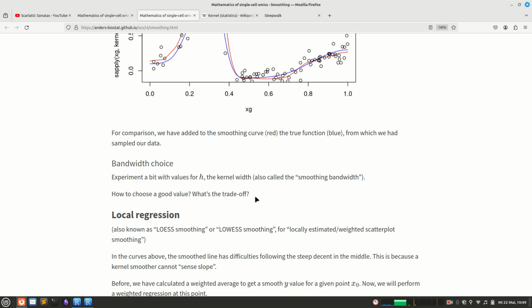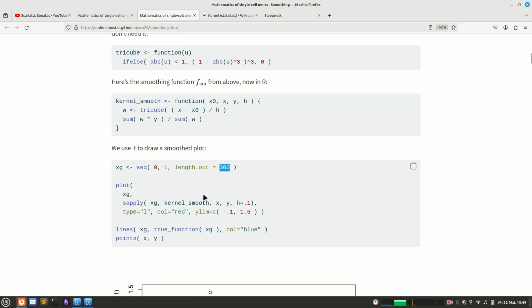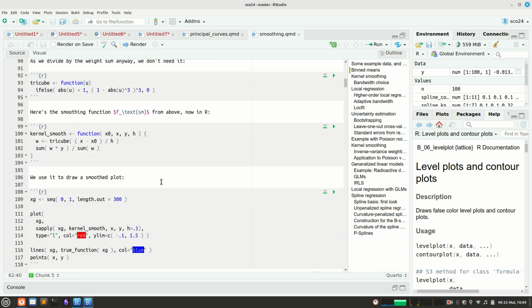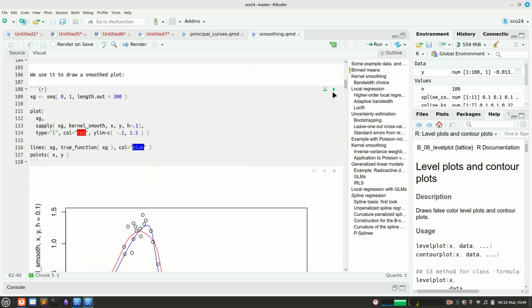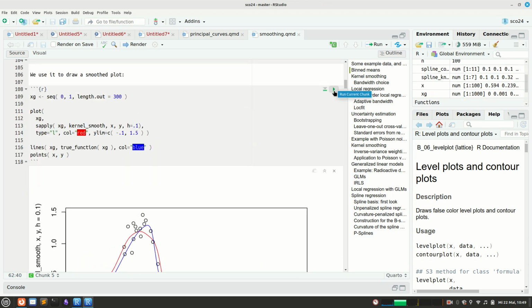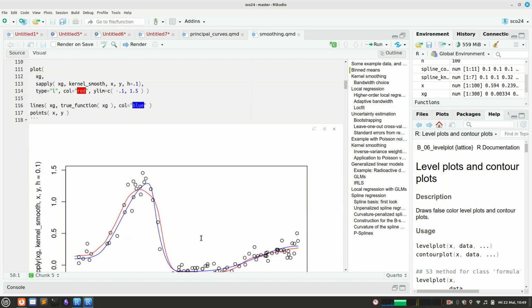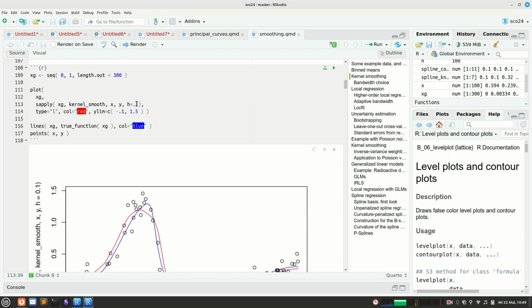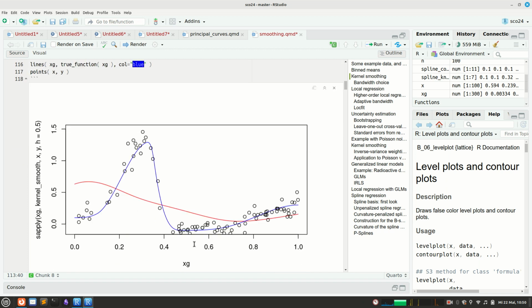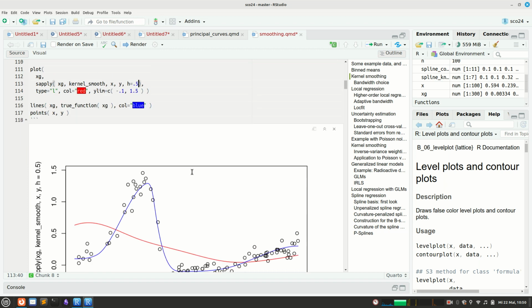Before I go to local regression, let's quickly talk about this bandwidth h here. Here you can see my kernel, and of course I can change the bandwidth, so the width of the kernel, how wide the support of the kernel should be. If I put it much bigger, for example to 0.5, then you can see the thing gets over-smoothed.